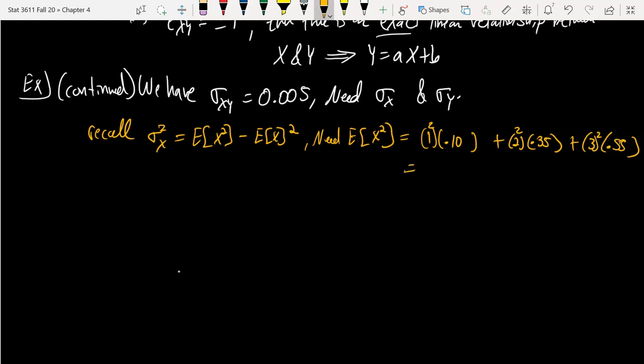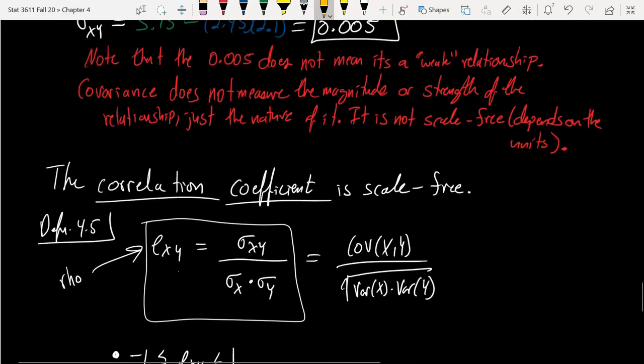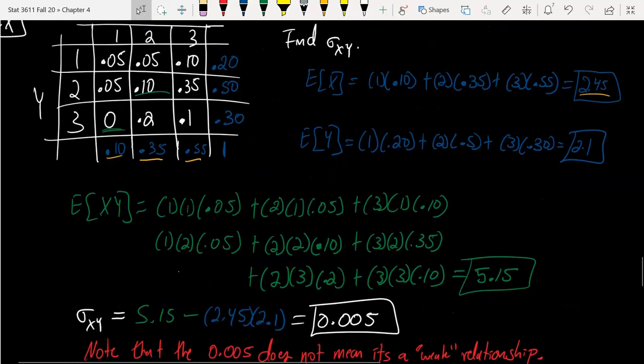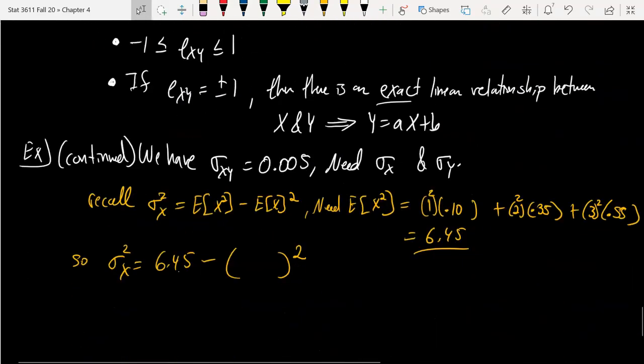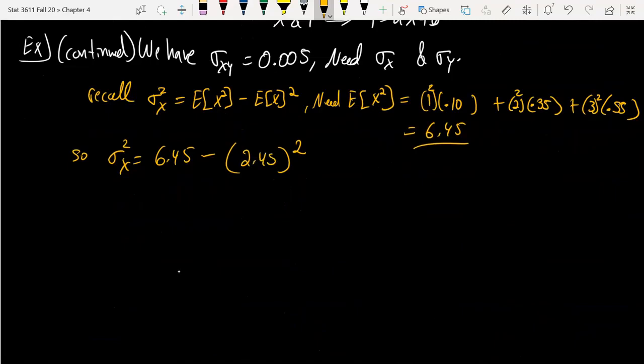And so we run that computation. We should get 6.45, which is the expected value of x squared. So the variance of x is 6.45 minus the expected value of x quantity squared. The expected value of x was 2.45. There we go, and so I've got that to be 0.4475. That's the variance.